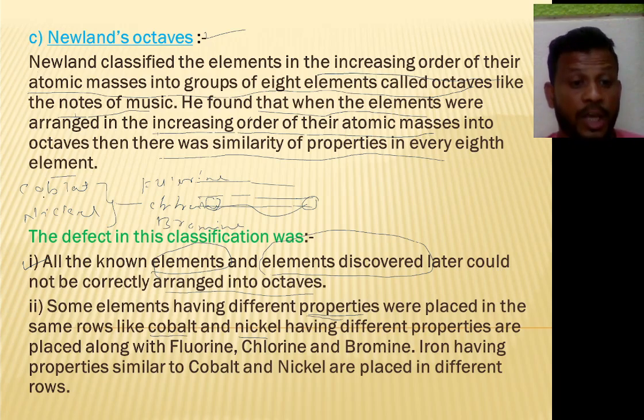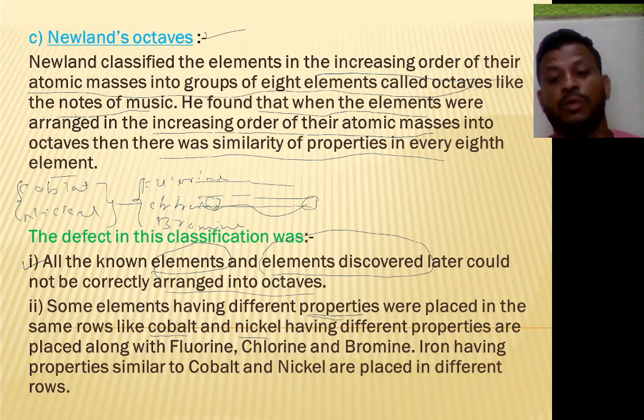Even though the properties of cobalt and nickel are different, they are placed in the row of fluorine, chlorine and bromine.